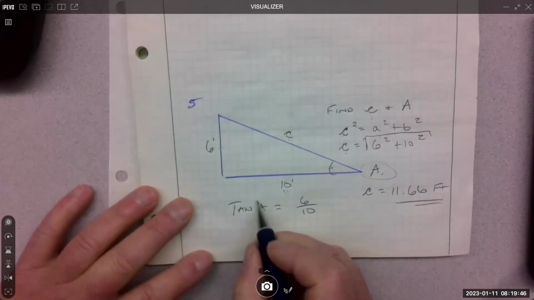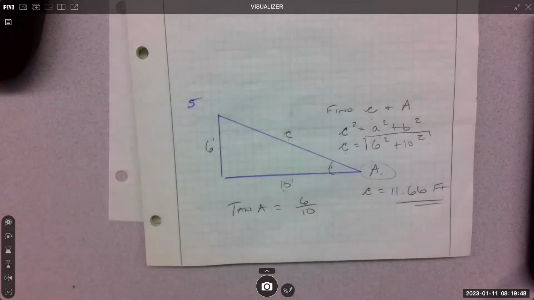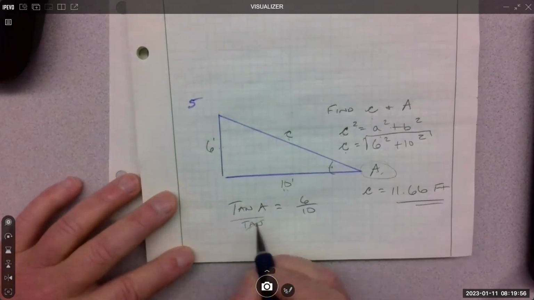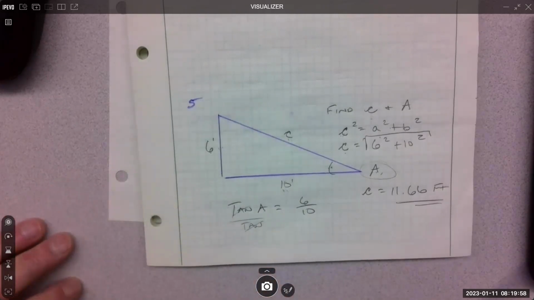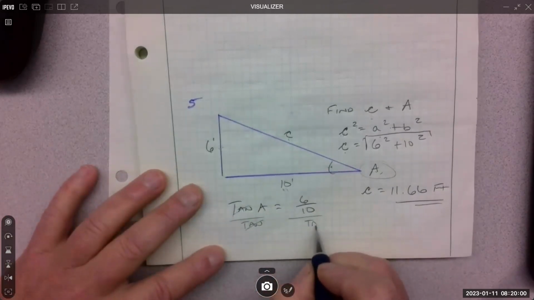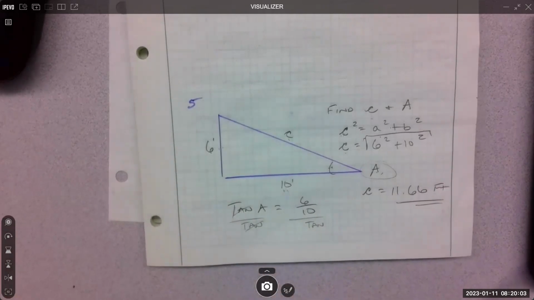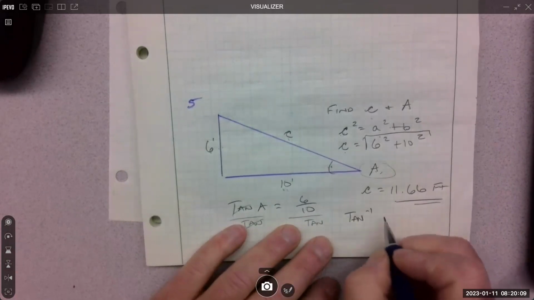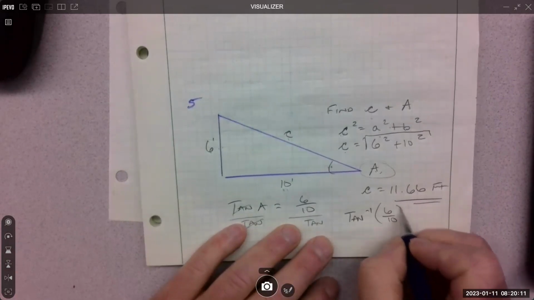Okay, how do we clear the A? Yeah, so it is the inverse tangent, but if I was to algebraically show you, I divide by tan, correct? That's how I get rid of that. So that means I divide this side by tangent, which is the inverse of the tangent, which is typically written tangent minus 1, 6/10.